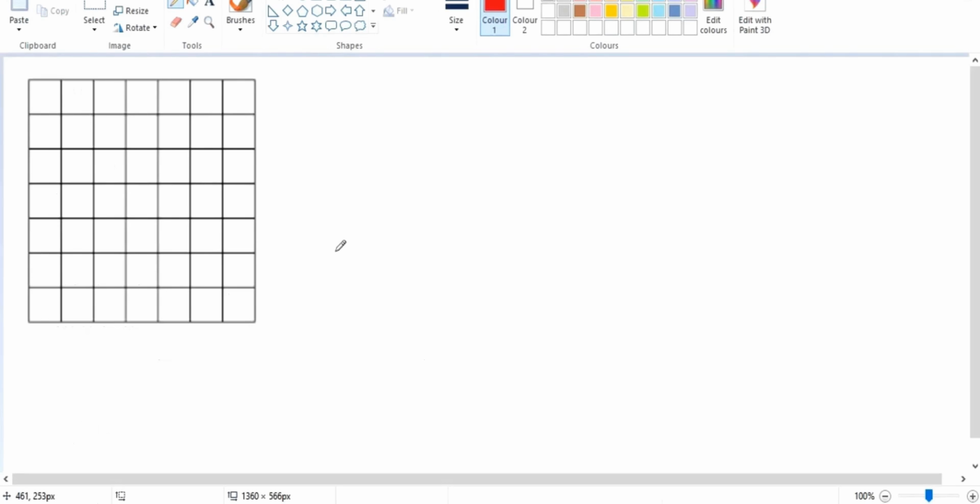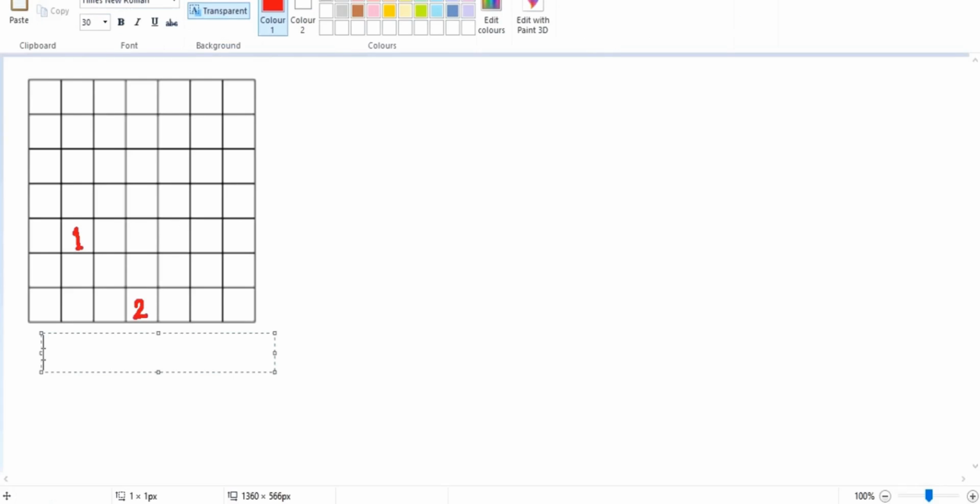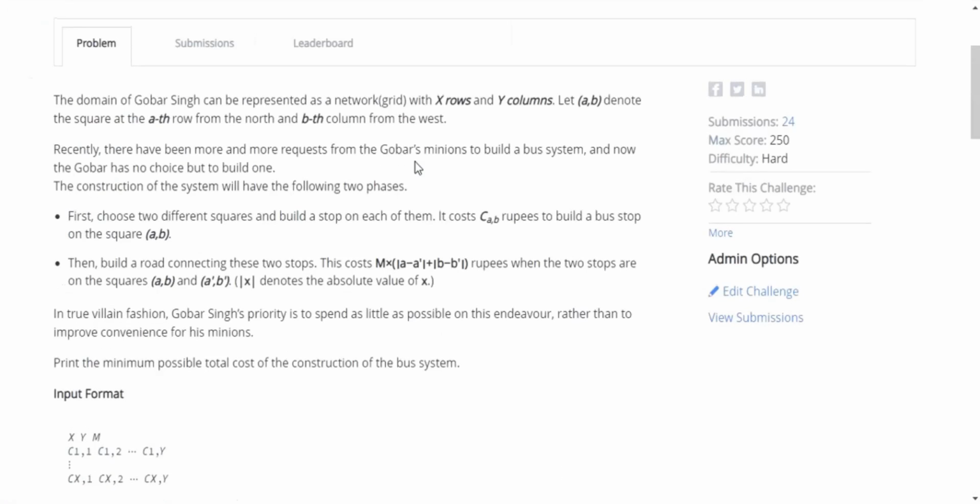So let's see how we could solve this particular problem statement. Consider that I have my first bus stop over here and the second bus stop over here. Now, the total cost required for constructing the entire bus system, including the roads and the bus stops, is given by the expression m into the distance between these two coordinates, as we have seen within the question itself, plus again Cij as indicated within the question.